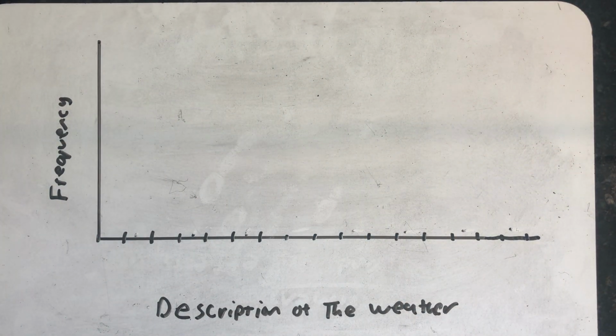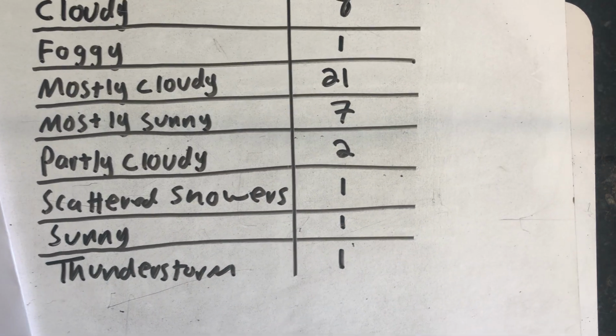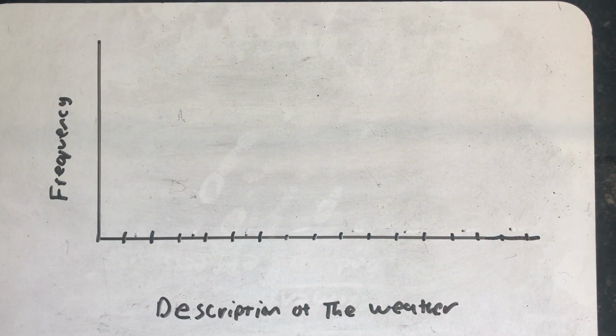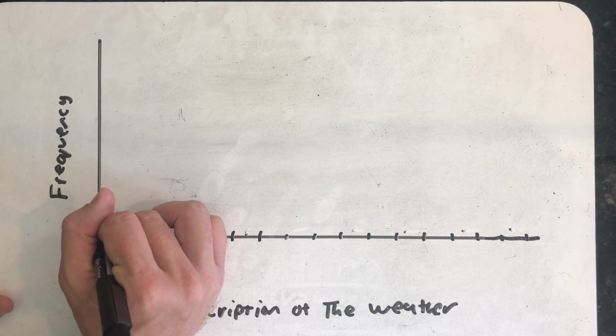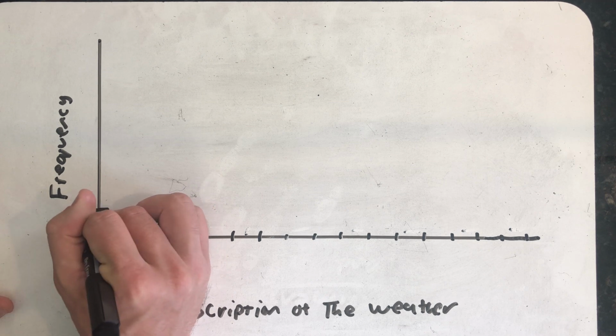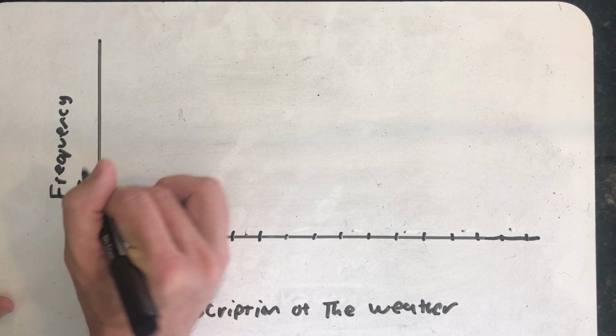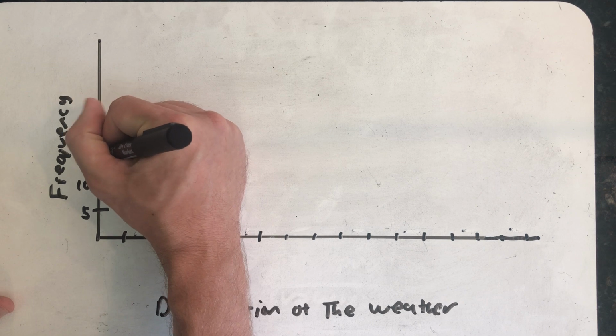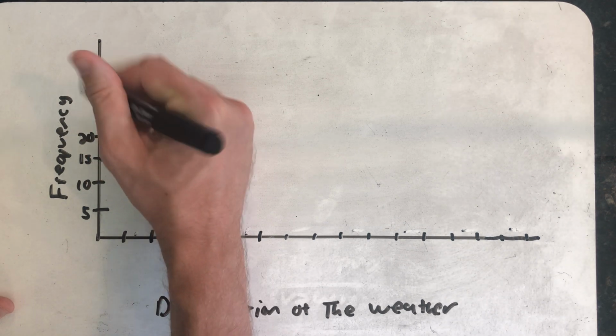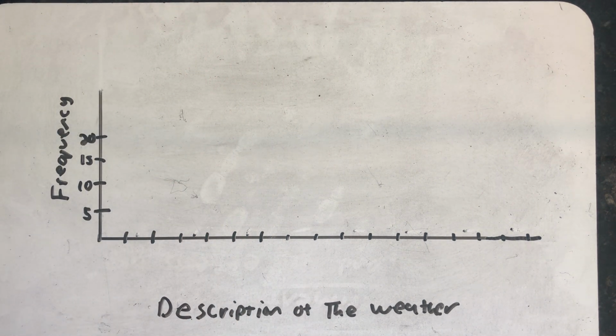And let's see, I have to count all the way up to 21 because those mostly cloudy days happened a whole lot. So I think just to make our lives a little easier, I'm just going to count by 5s here. And then we'll have to use our best judgment for the height of some of the bars because not all of the exact figures are going to show up.